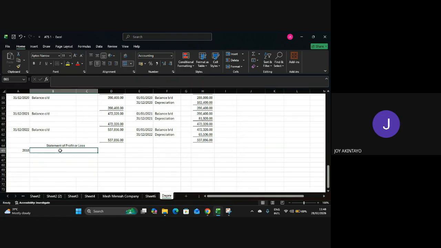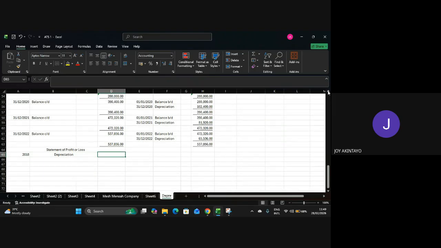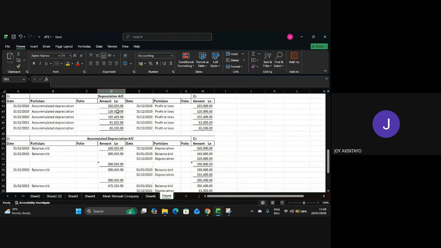Okay. So when it comes to P&L, we say depreciation. We've credited our depreciation account. So what's depreciation for the first year? So not to waste our time, you can just carry everything.